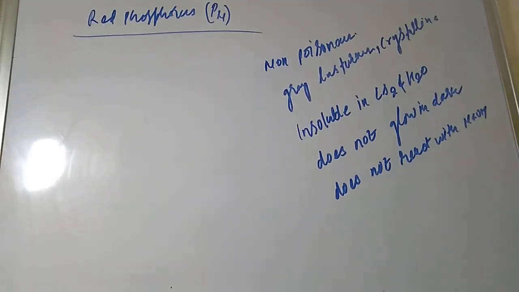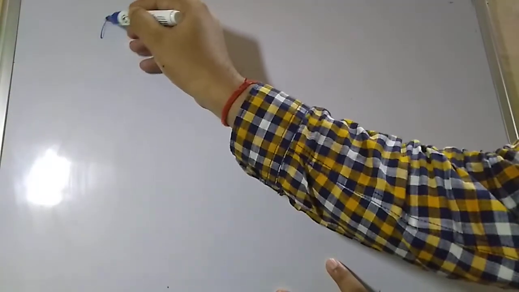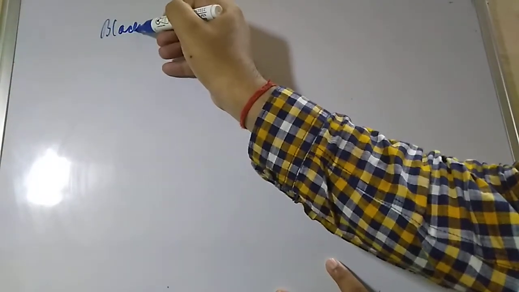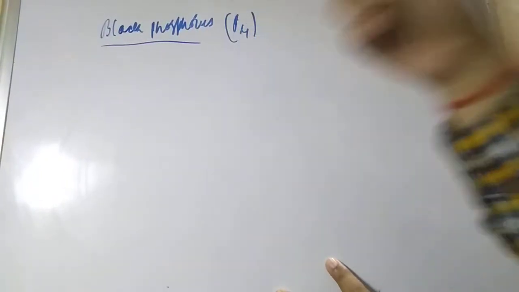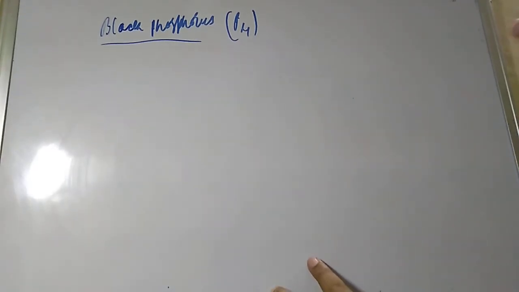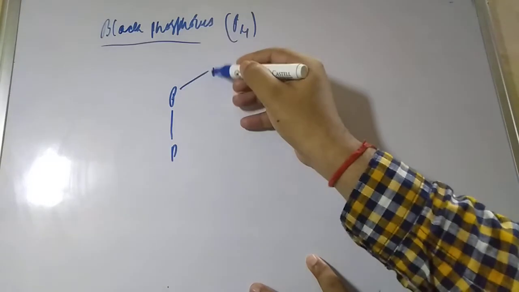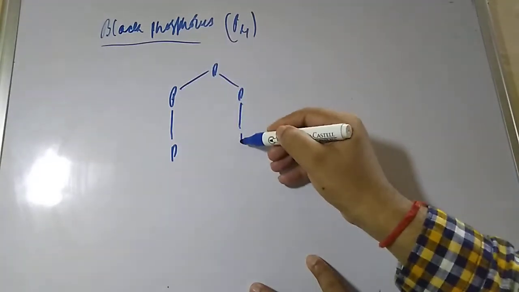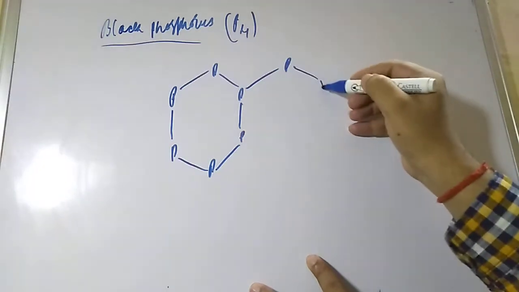Now finally we will read about the black phosphorus, its structure and some properties. Black phosphorus is also represented by P4. If you see the structure, it is a polymeric structure, benzene-type, but the benzene does not exist in it; it exists in the form of a polymer like that.